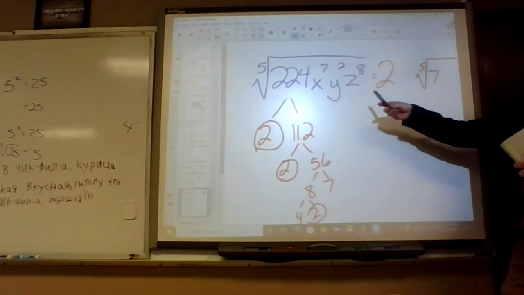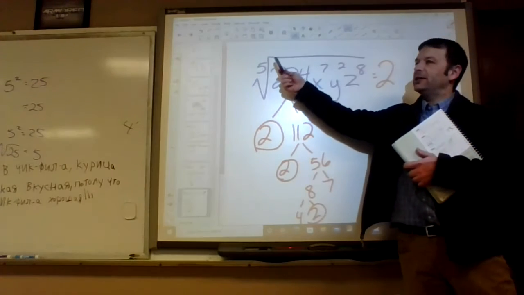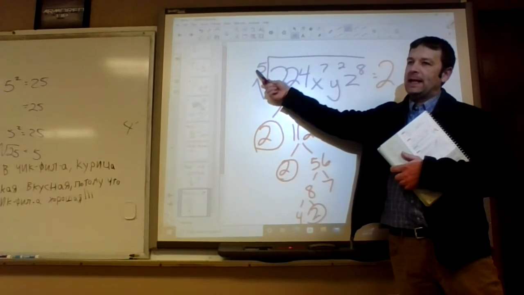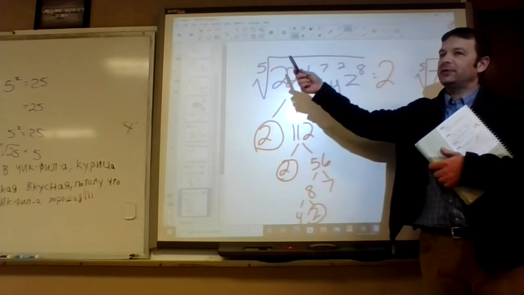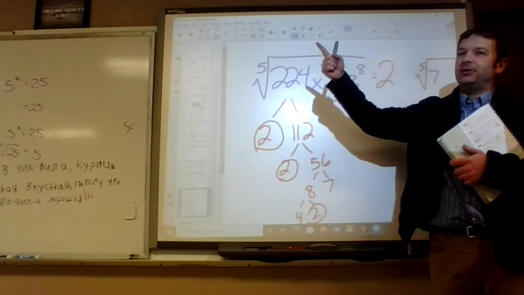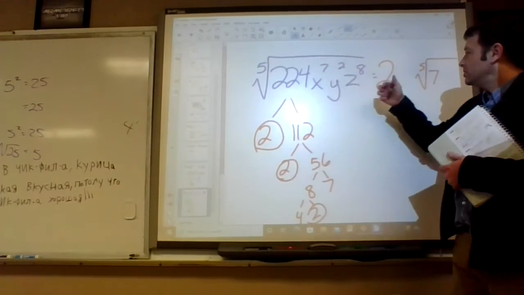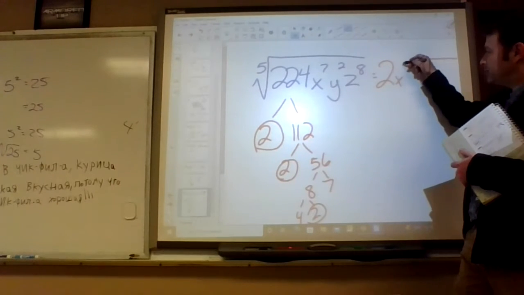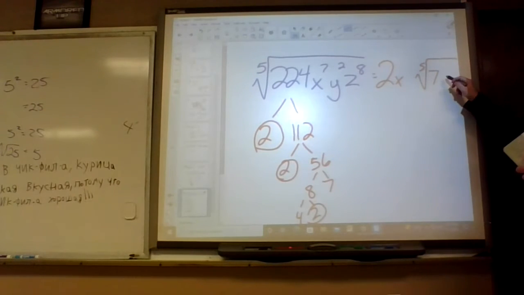Okay, so for the x's, we're gonna do 7 divided by 5. How many times does 5 go into 7? Once with the remainder of 2. So 1, you can put a little 1 there, I guess, with the remainder of 2.